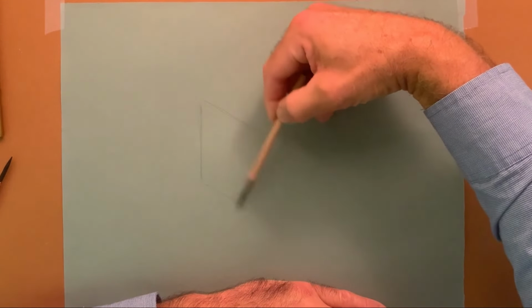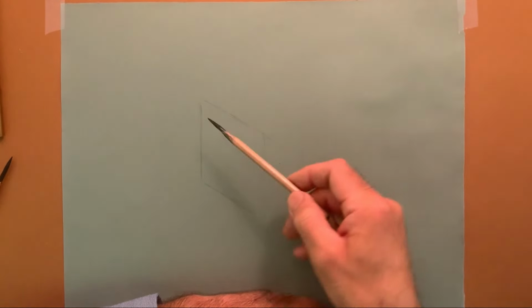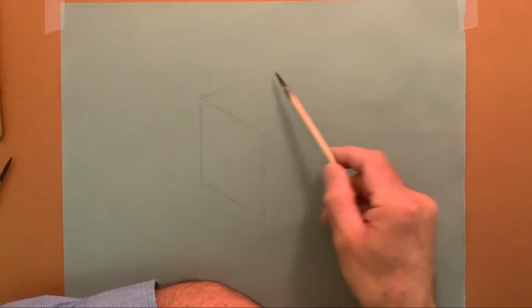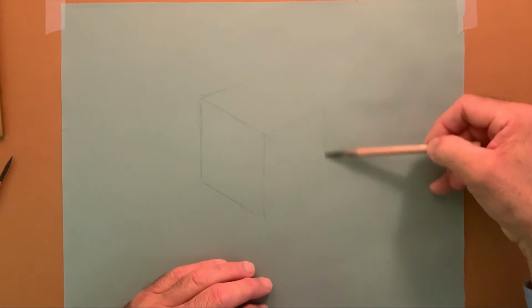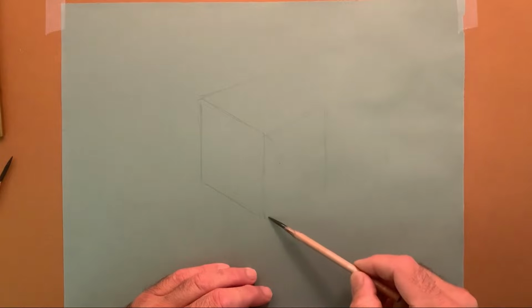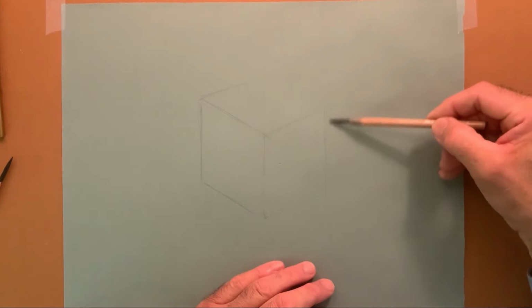We block in first a few lines without making them too precise, just to visualize our cube, where it's going to go, how big it's going to be. And maybe I'll make it a little bit bigger, wider here.